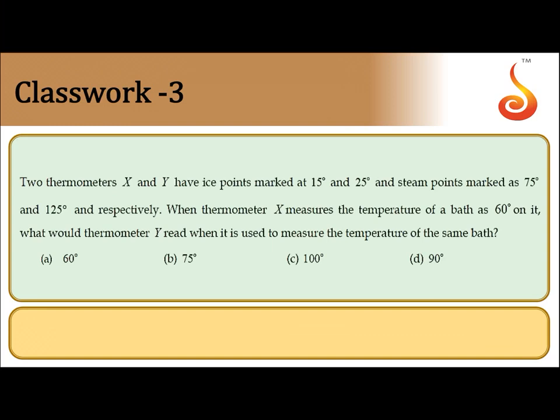So two different thermometers with different lower fixed point and upper fixed points. Ice points are marked at 15 and 25, steam points are marked at 75 and 125.